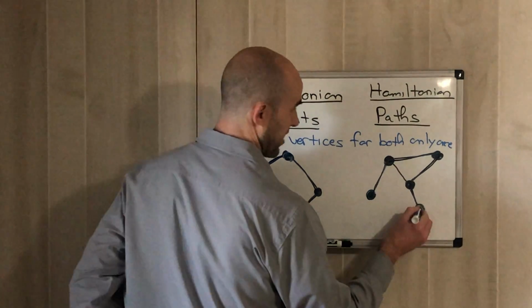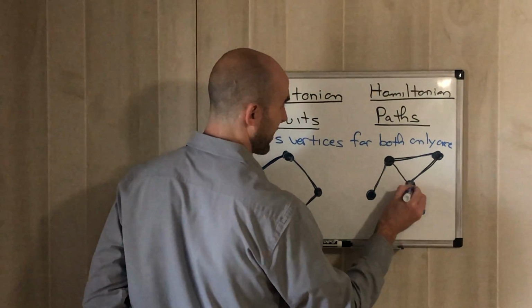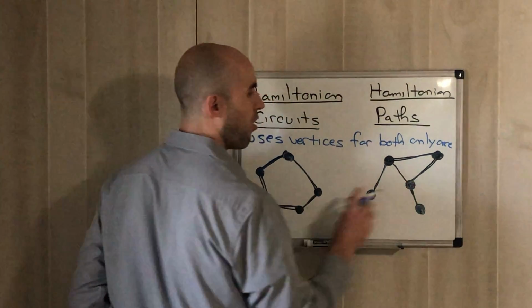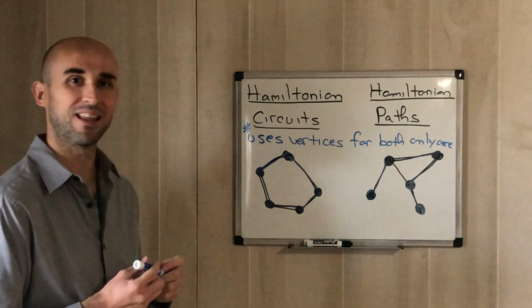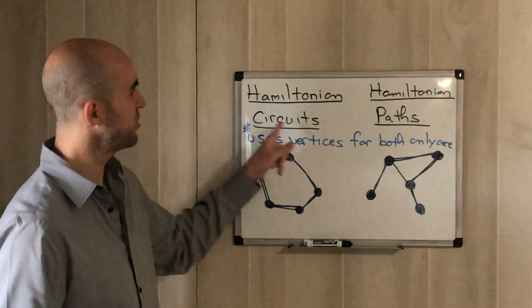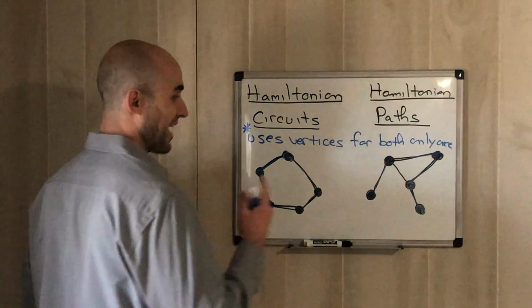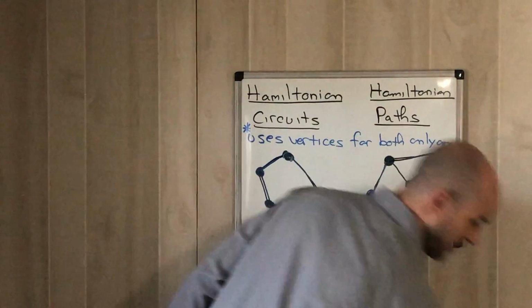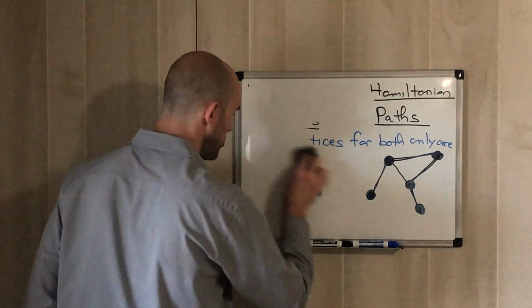Always remember, guys, with a Hamiltonian path or circuit, you can't ever go back, because the second you repeat, it's no longer Hamiltonian anything. You cannot repeat the vertices. You have to connect all the points exactly once. So again, it's easier to see now that you guys are used to it.